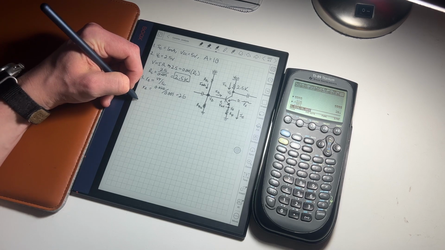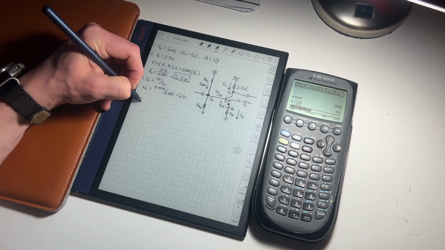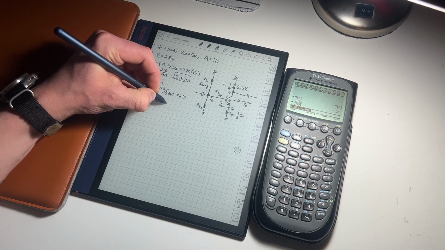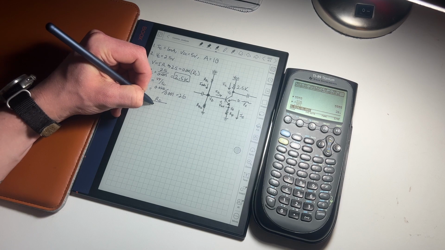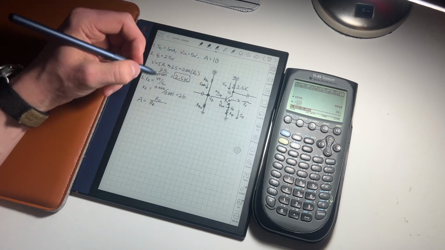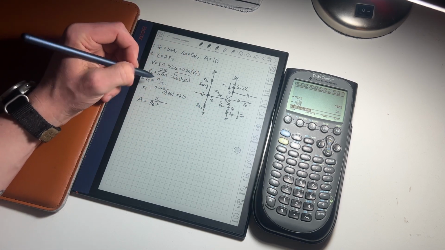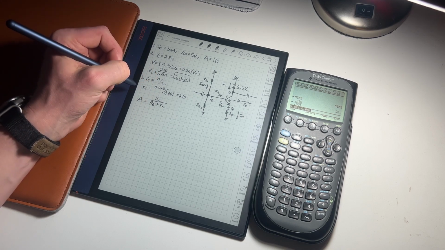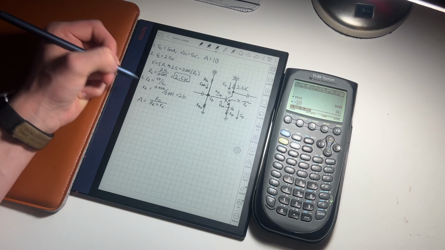Now, using the gain equation, which is A equals RC over big RE, this resistor here, plus little r sub e, we can rearrange this to find big R sub e.